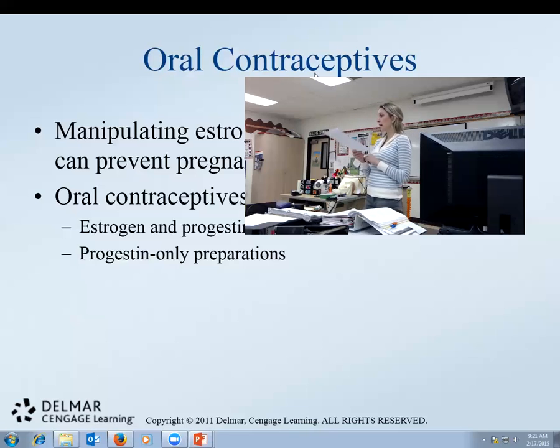Miacalcin is a nasal spray for estrogen replacement therapy. The reason this bone disease material is all in here at the same time is because estrogen also works to prevent osteoporosis. It works with your calcium absorption and so forth. So when people go through menopause or if they have a hysterectomy, they're at increased risk for osteoporosis because they can't absorb and keep their calcium like they normally would.